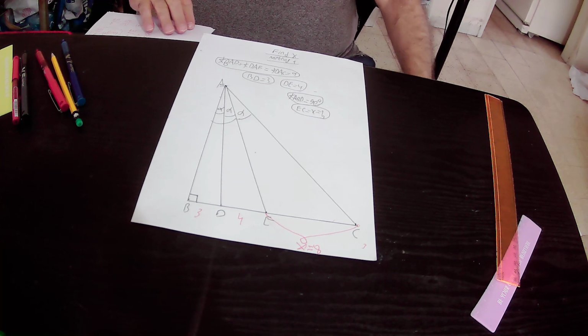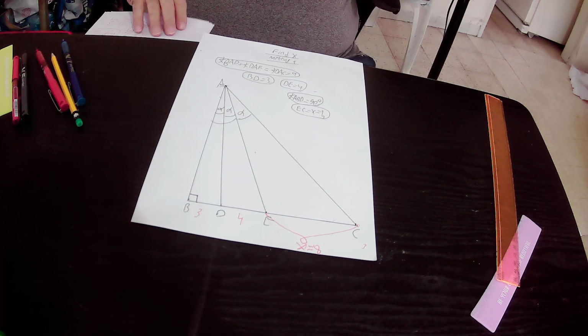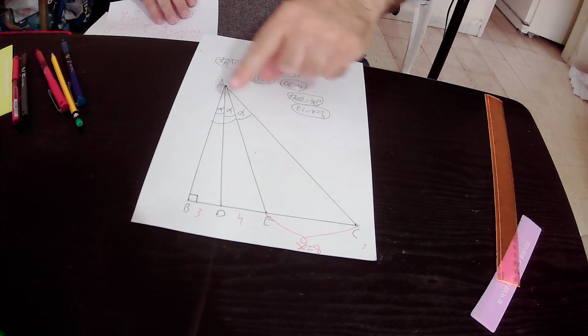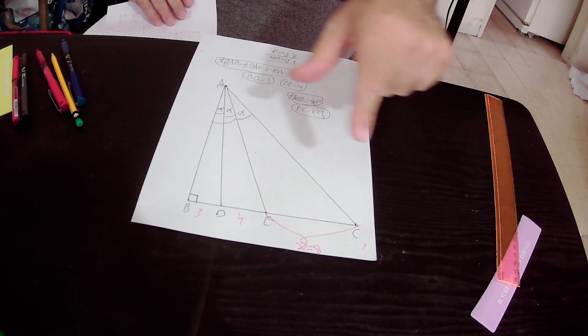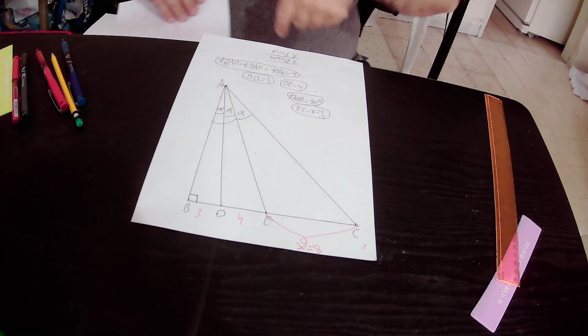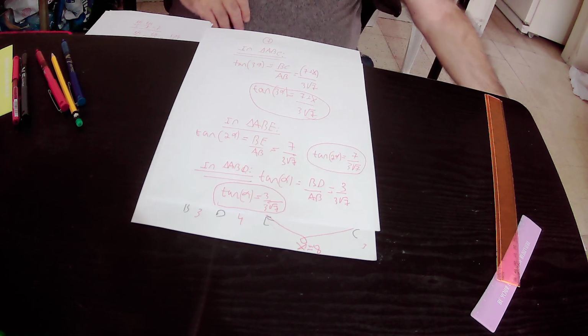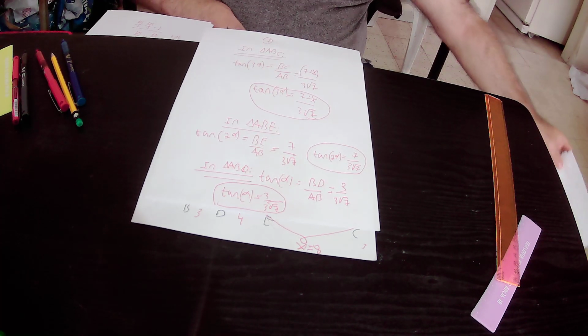Then we focused on the right triangle ABC. In the right triangle ABC, tangent 3 alpha equals BC over AB.